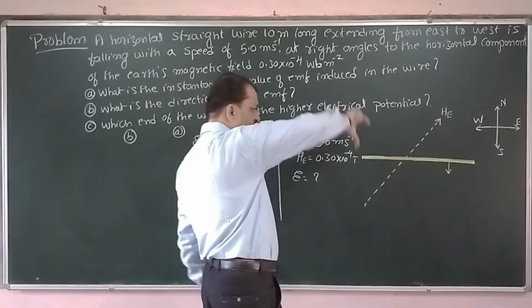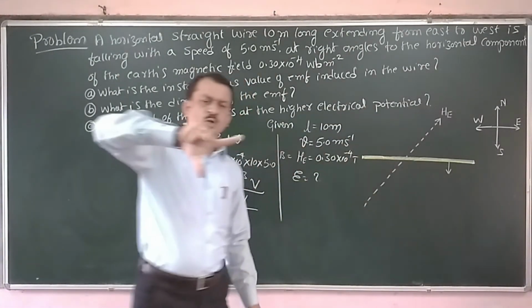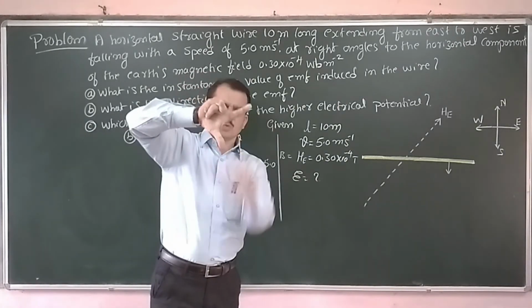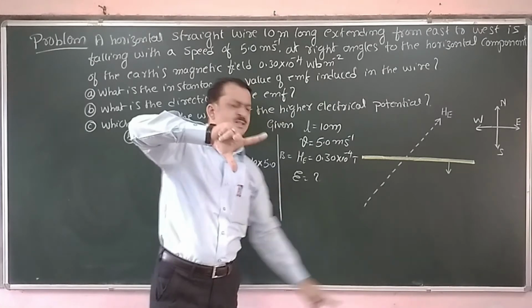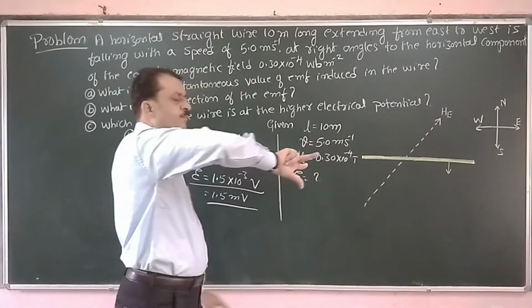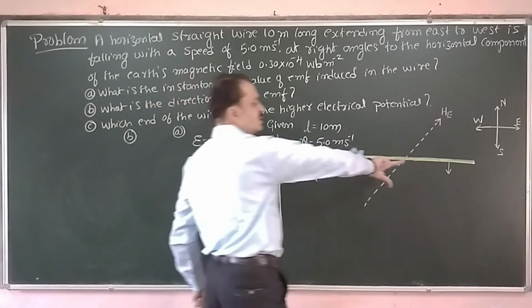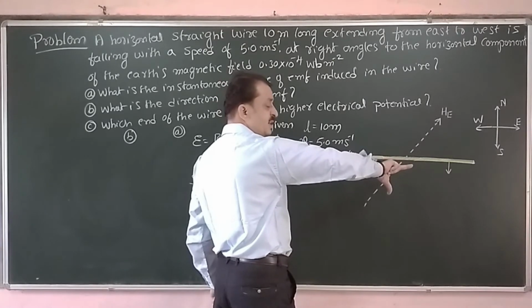Now the conductor is moving downwards and the magnetic field is into the plane of the board. I am holding the thumb downwards because the gravitational force acts downwards, and the forefinger is into the plane of the board. Therefore, the middle finger indicates the direction of the induced EMF or the current.